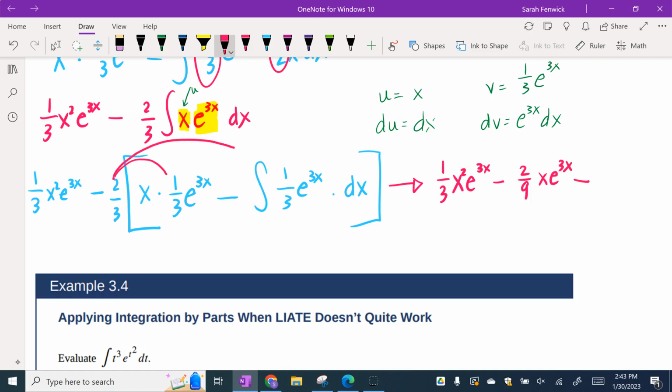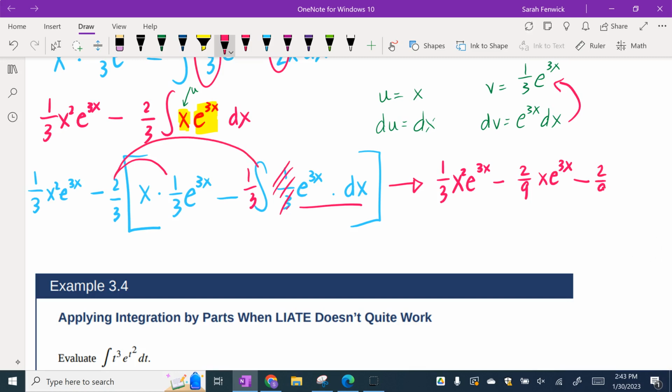minus, I'm going to multiply this 2/3 here. I'm going to take out a 1/3, right? Let's fix this real quick before I do that. Because I know I can do e to the 3x dx. I know that that gives me this. But let's take this 1/3 out, okay, and multiply it by this 2/3.